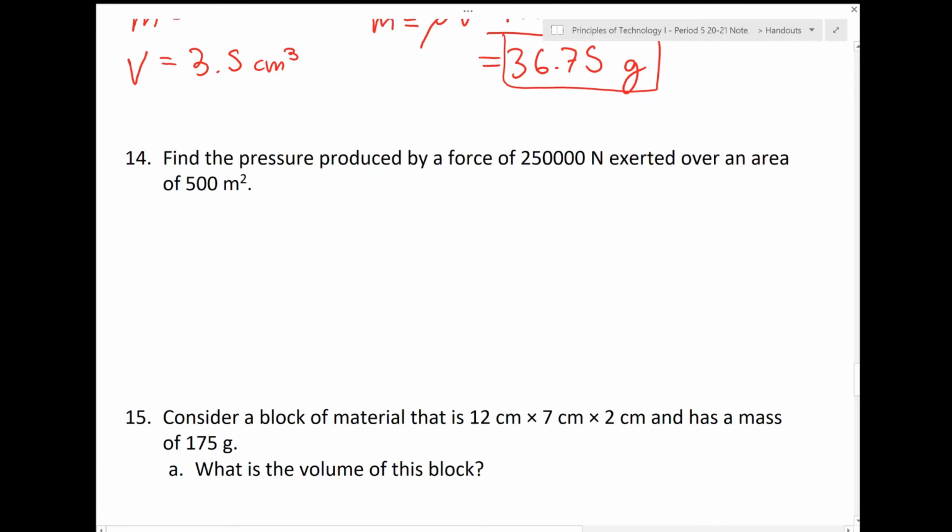Number 14, find the pressure produced by a force of 250,000 newtons exerted over an area of 500 square meters. So straightforward pressure problem. Pressure is equal to force divided by area. So our variables are P, F, and A. Pressure is what we're looking for.